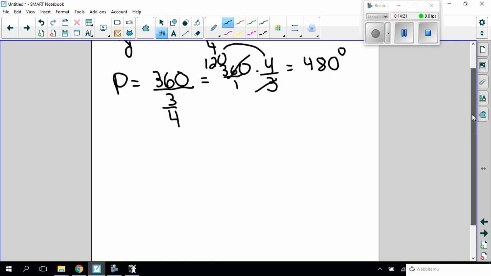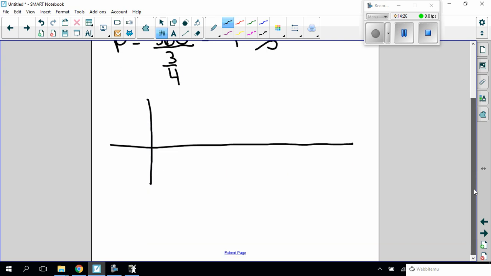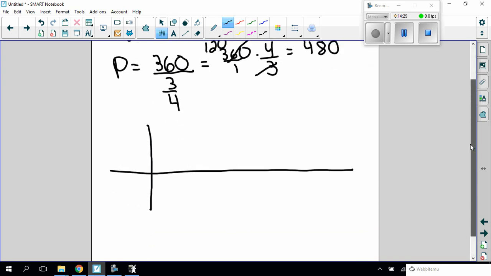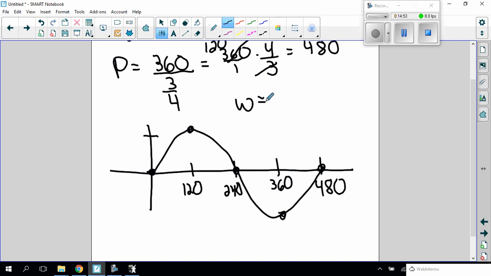So it repeats every 480 degrees. 1, 2, 3, 4, 480. And the cosine starts high. Now, we know that this is 240, this is 120, and this is 360. Frequency, omega, the number in front of the x, is 3/4, which is 0.75 of a cycle.